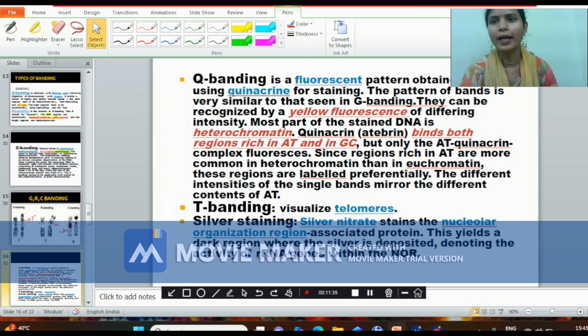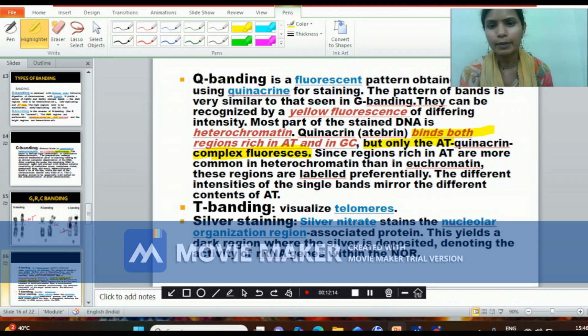In Q banding, a fluorescent pattern is obtained. Both AT and GC rich regions get stained, but AT gets more stain. It fluoresces more. It is basically for AT rich regions. So it binds both, but only the AT quinacrine complex fluoresces, so only AT rich regions will glow more.